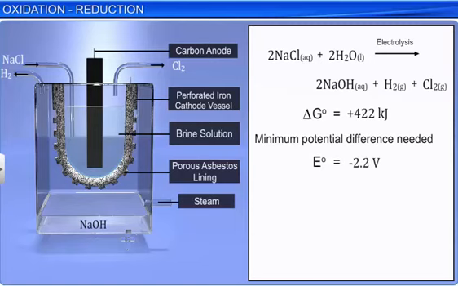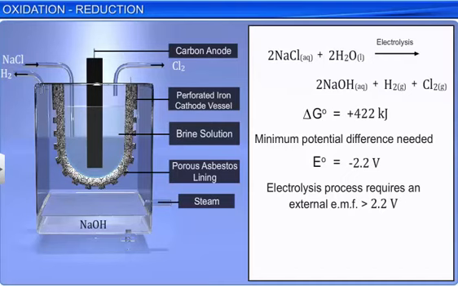Due to overvoltage, the electrolysis process requires an external EMF greater than 2.2 volts. In the process, chlorine gas liberates at the anode. Hydrogen and sodium hydroxide are the byproducts.